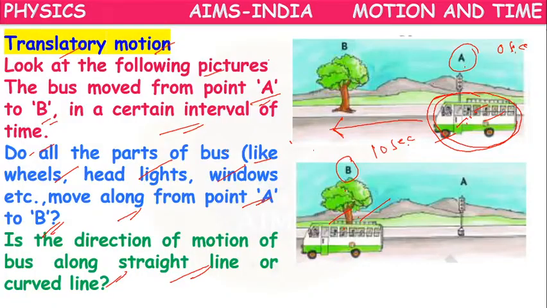So this is an example of translatory motion. A motion is said to be translatory when a body is moving completely, along with all its body parts. Then we can say that it is in translatory motion.